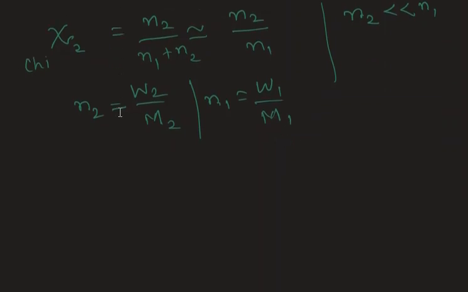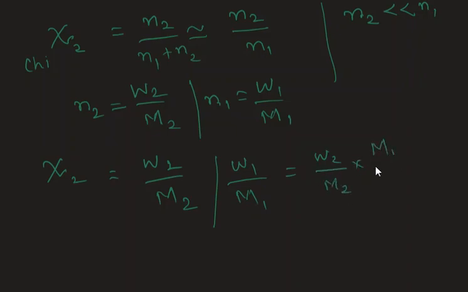So mole fraction chi 2 is equal to W2 by M2 divided by W1 by M1. That is equal to W2 divided by M2 into M1 divided by W1. Now you can suitably substitute.